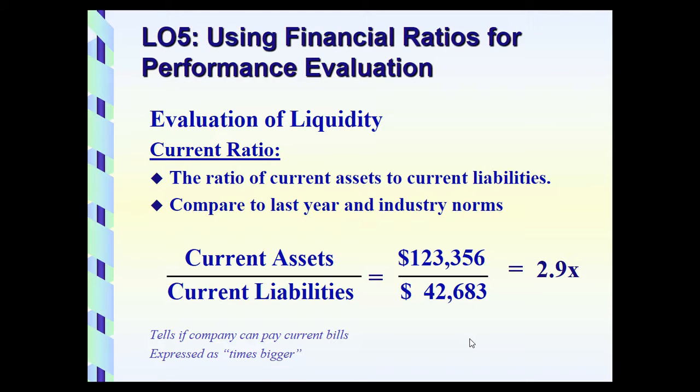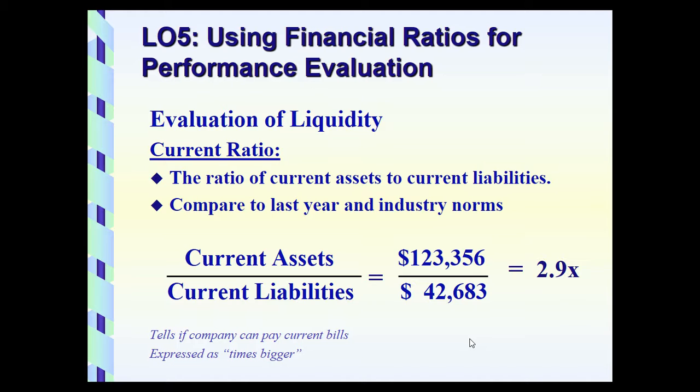So we're looking for our current assets to cover our current liabilities by at least 1 times. But again, this coverage ratio would be dependent upon how the company has historically looked, as well as in comparison to its peers within the industry.